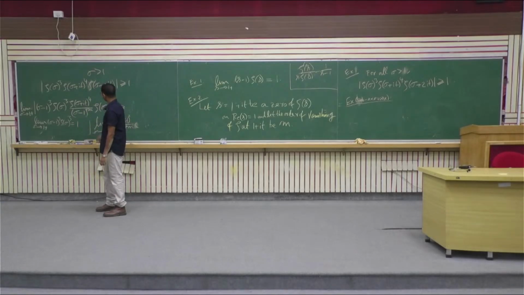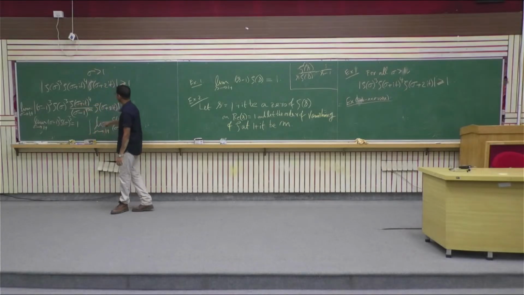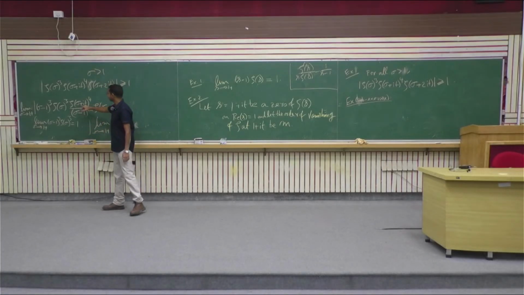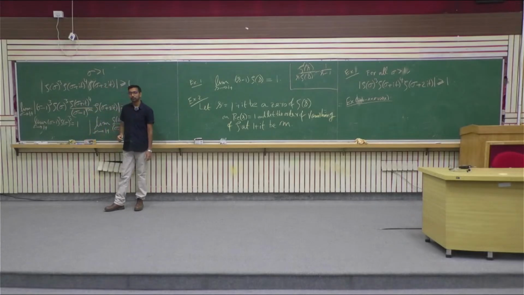(Sigma minus 1) to the power 4. Yes, but this m is for the order, to compensate for its order of vanishing m at this point 1 plus it. We assume that it is not a simple 0 at 1 plus it, but that it has a 0 of order m.